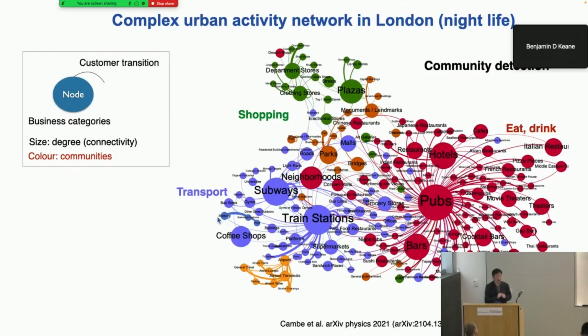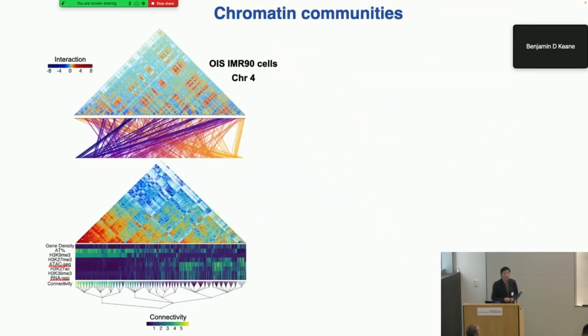I don't know about Chicago, but I would be interested in what you think. Another interesting thing is that coffee shops are associated with transportation rather than eating and drinking. That can be easily explained because there are many coffee shops in stations, but this is an interpretation. This still maximizes modular communities, but I think it's interesting.